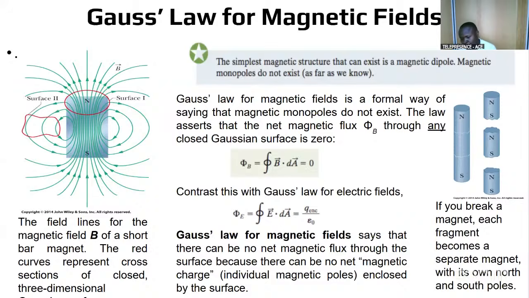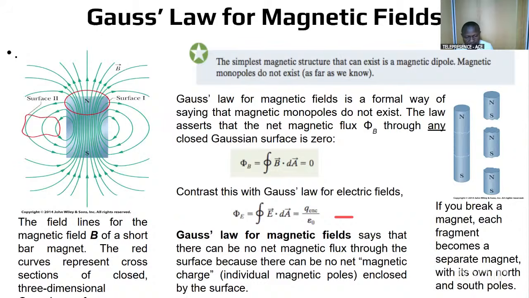If you recall from your previous classes, you were given the Gauss law for the electric field. The Gauss law for the electric field gives us this equation. The electric flux is determined by the charge enclosed by that field.